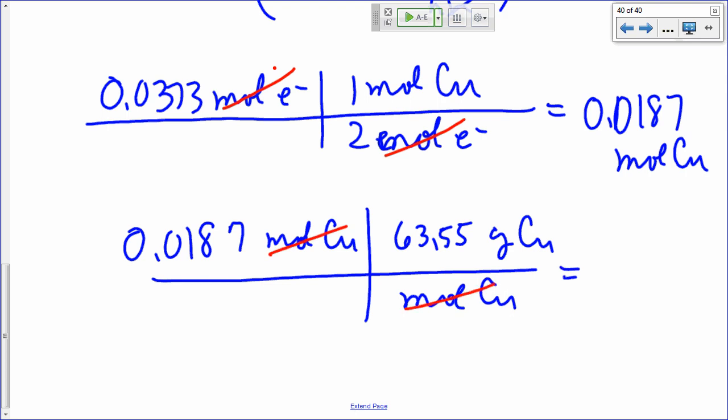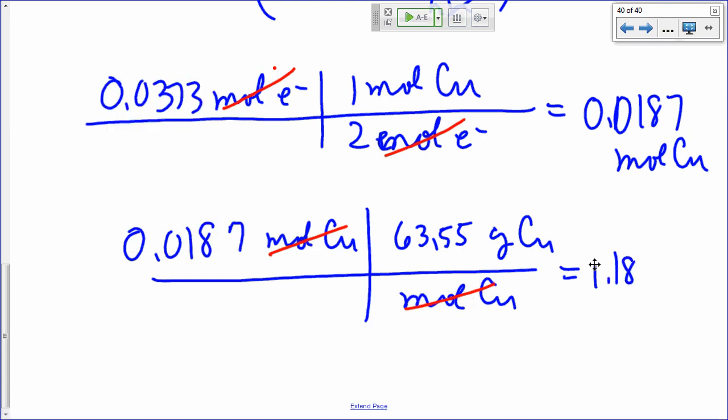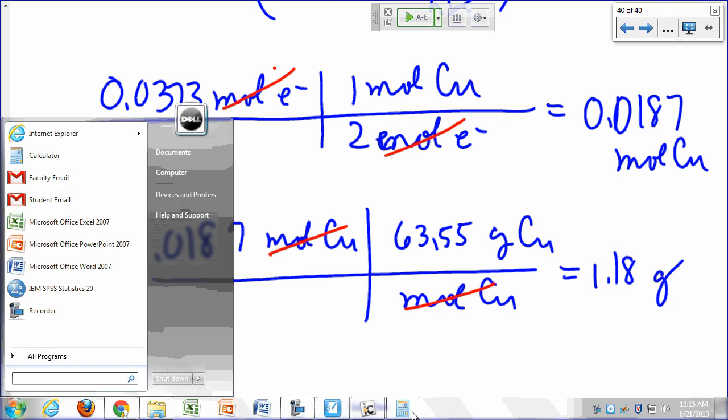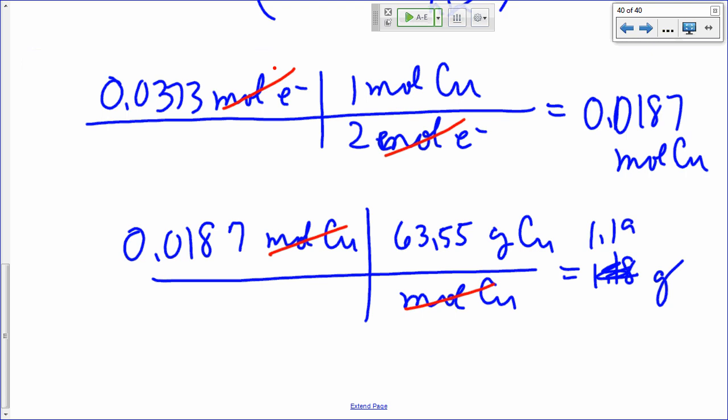That gives you 0.0187 times 63.55, 1.18 grams of copper. Is that right? 63.55 times 0.0187, yeah, 1.19. That's how much copper you're going to plate. Okay?